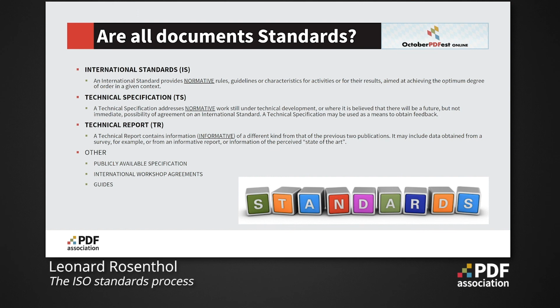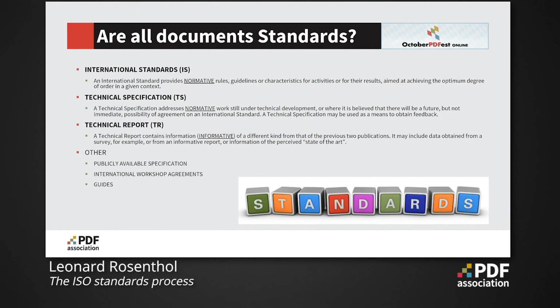It's something where we believe there is a future, but maybe not as its own separate standard. We'll show you an example of this, and I'll explain why we're doing this shortly. It's also an opportunity to obtain feedback on that piece of work and really evolve it separately, in a slightly more agile manner than a full international standard.